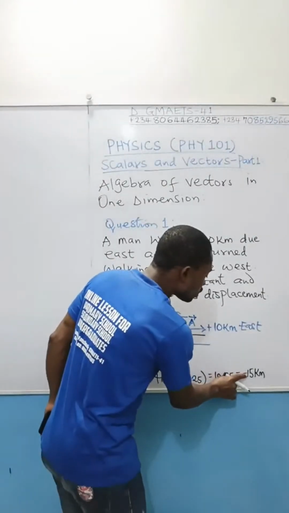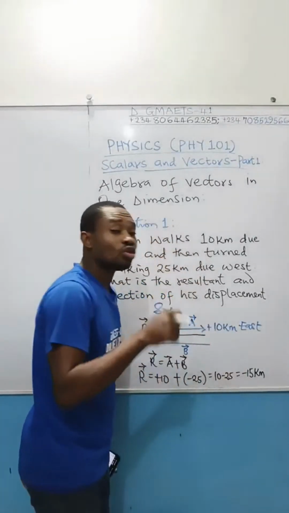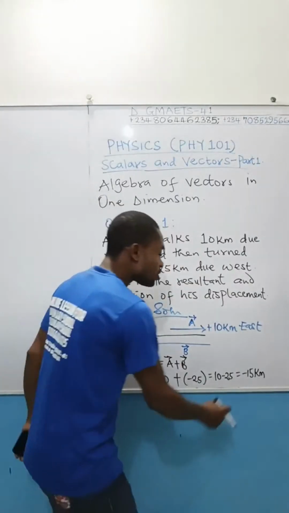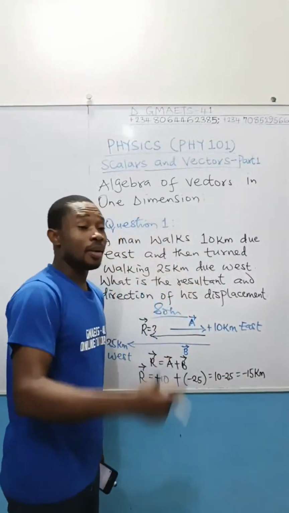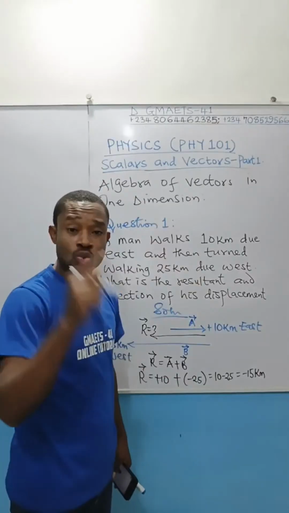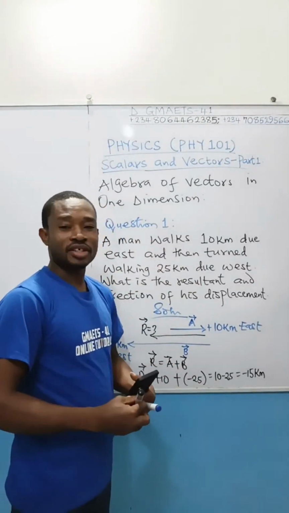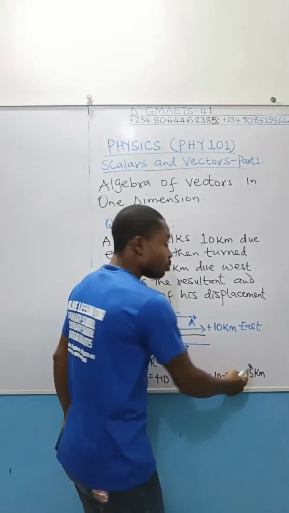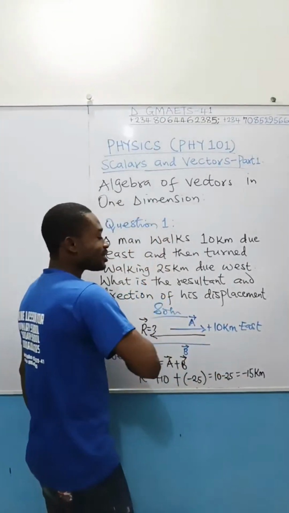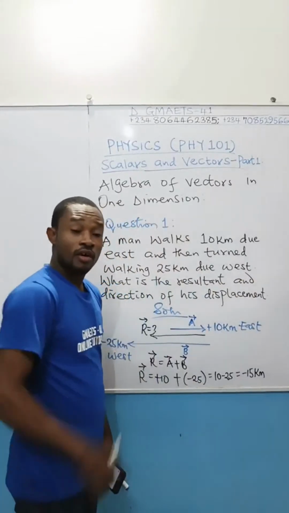If I do not put the minus, I would write 15 kilometers and in brackets write west, because you need to indicate the direction. If the final result were positive, it means that the man is facing east for this question.